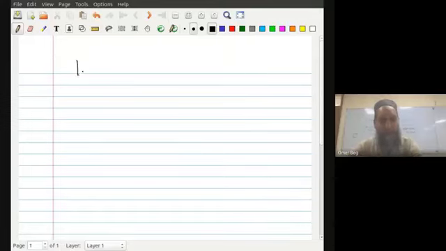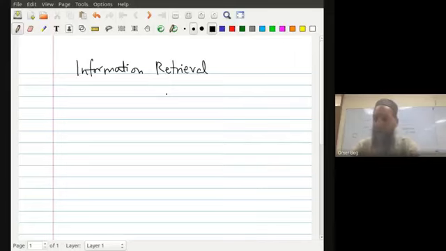So today's topic is information retrieval. This is slightly different from what you have studied in database systems or courses like that.